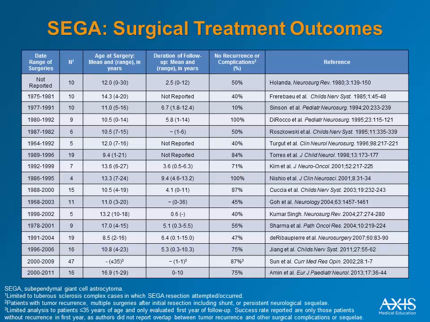that time frame. However, even if we look at those that have been done in the last 20 years, when we have the advent of modern imaging and microsurgery, the calculated success rate for no recurrence and no complication is still roughly about 80%.